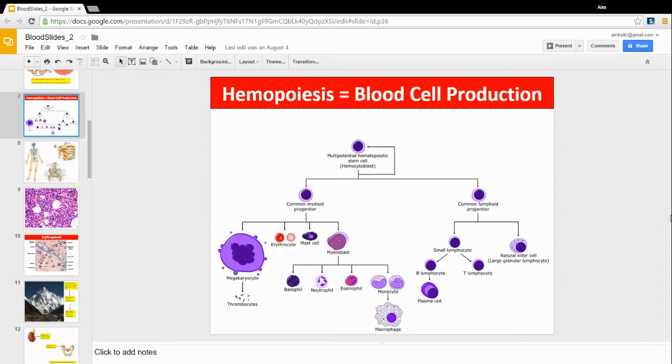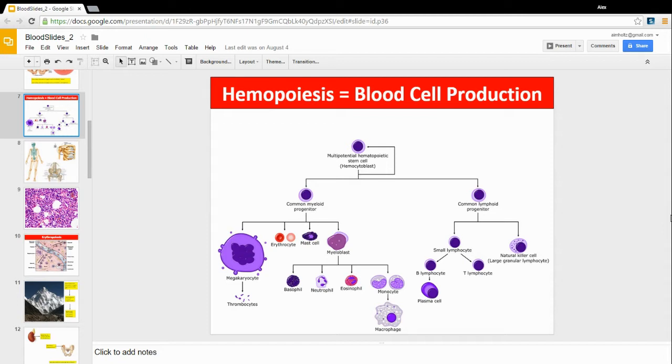Remember that blast suffix from A and P1 where we had osteoblasts, fibroblasts, myoblasts, etc.? Well, hemocytoblast, literally the blood cell maker, is the stem cell from which all blood cells are going to be made. The hemocytoblast in these arrows here ends up making red blood cells, platelets, all sorts of different types of white blood cells as well.